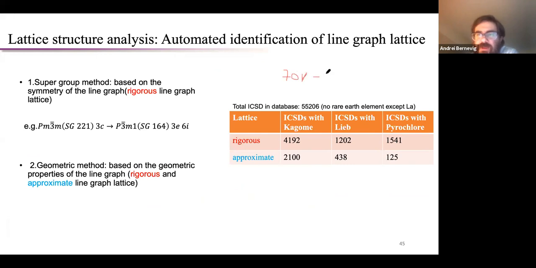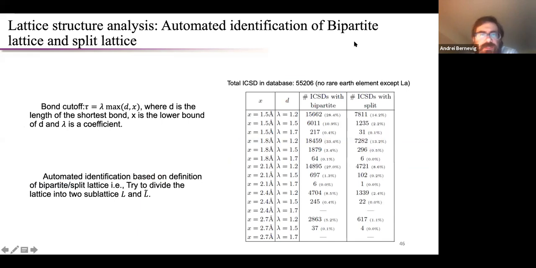There's also the question of how many materials are duplicates, etc. And you find out that there's this number of materials with Kagome lattices, which basically means bipartite, and this many of pyrochlore, and then you find also some approximate numbers of symmetries. There's a lot of them.